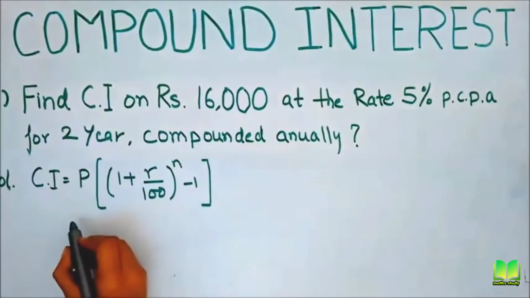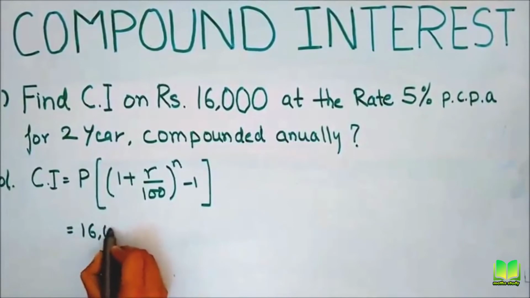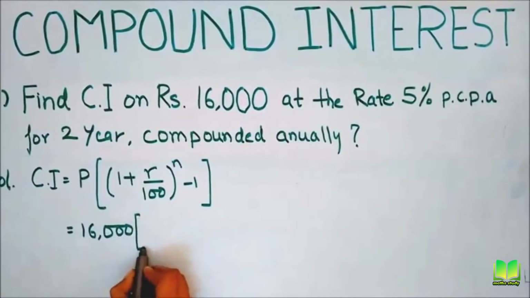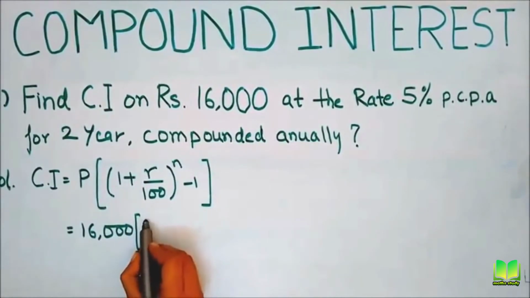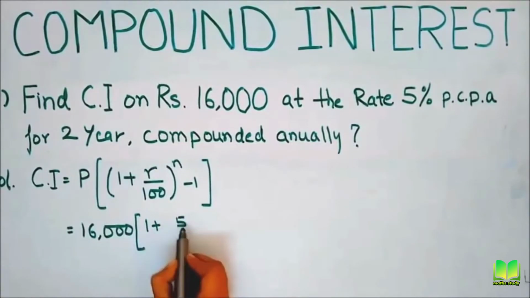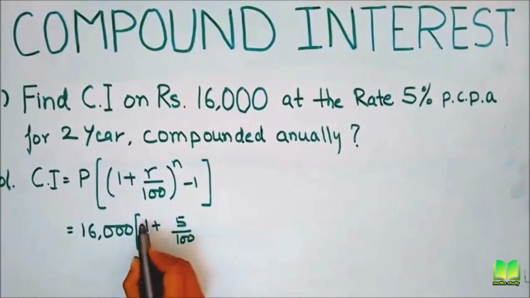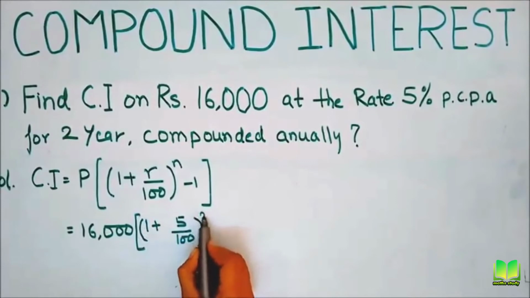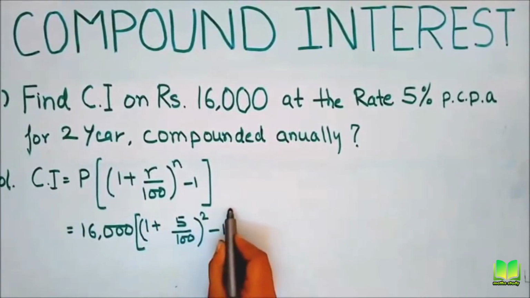Now put the values in this formula, that is 16,000 [(1 plus 5 divided by 100) whole power 2 minus 1].